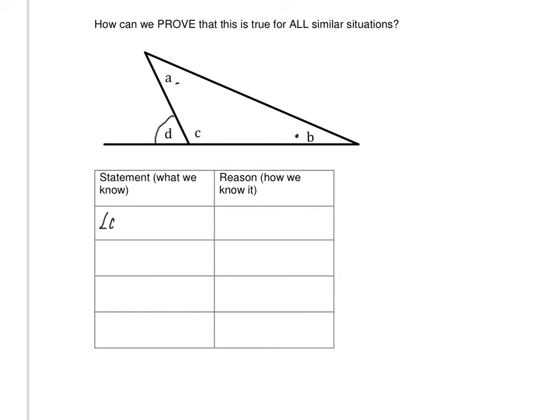So we started off all those examples that we did on the previous page with the exterior angle and the one that's adjacent to it, which was angle C in this case, and we said that they had to add up to 180 because they form a straight angle. So from that, we can say that angle D is equal to 180 minus angle C. And that's just rearranging the equation.